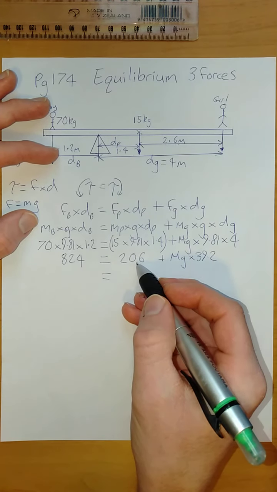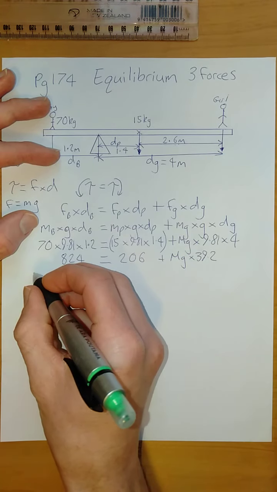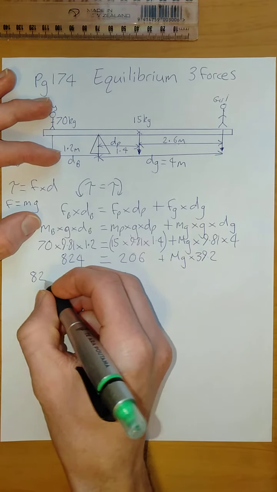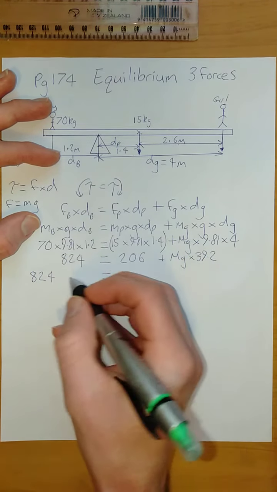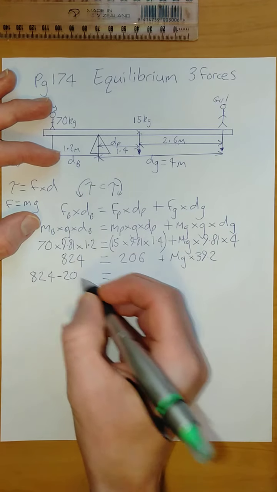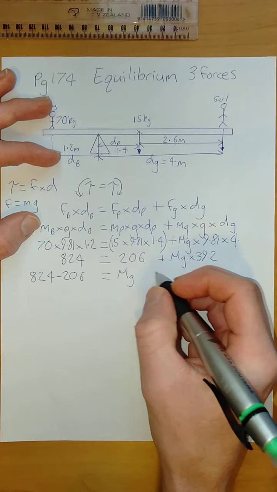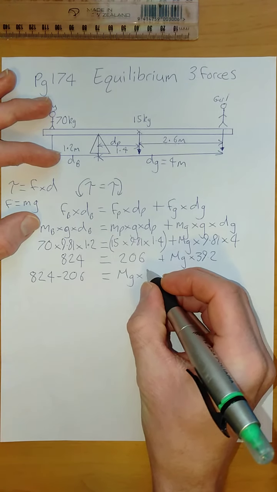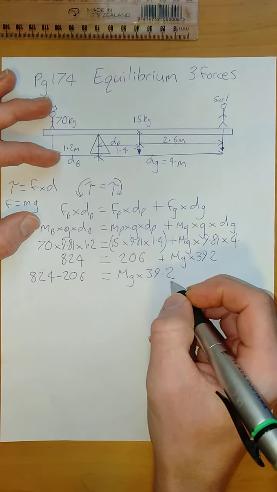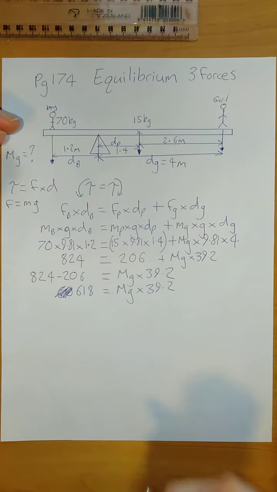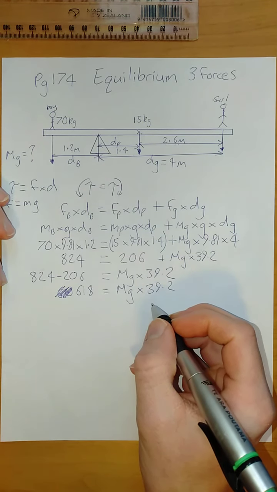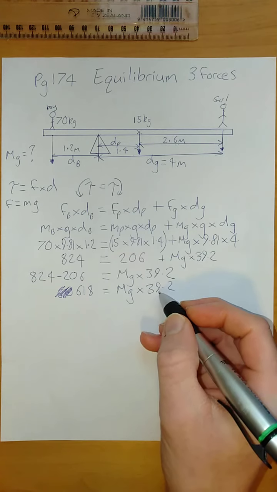Now we've got to get this 206 over to this side. It follows change side, change sign, so it becomes negative. 206 is equal to mg, which is the mass of the girl, times 39.2. Alright, and our last step is to get the 39.2 from that side.